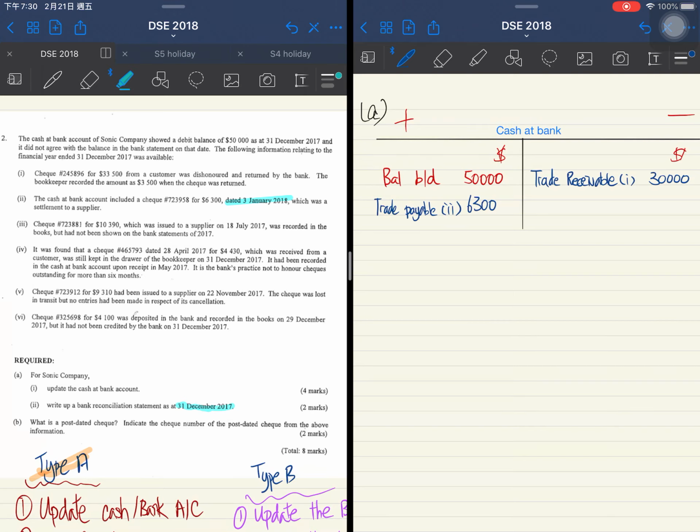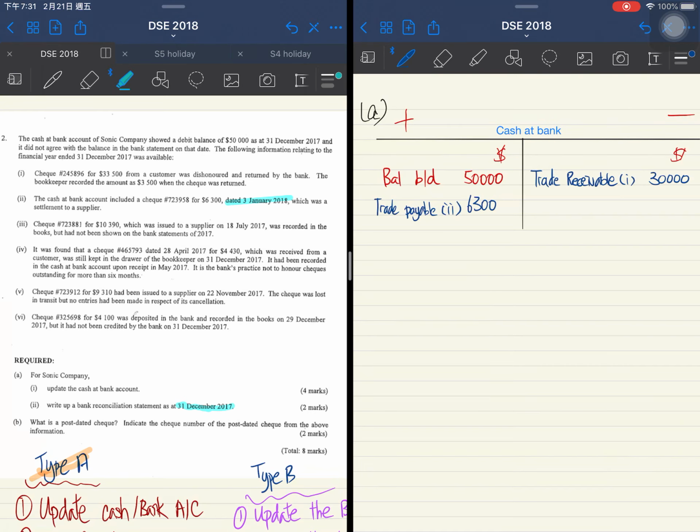So let's see number 3. Check 723,861 for 10,390, which was issued to a supplier on 18 July 2017, was recorded in the book, but had not been shown on the bank statement.